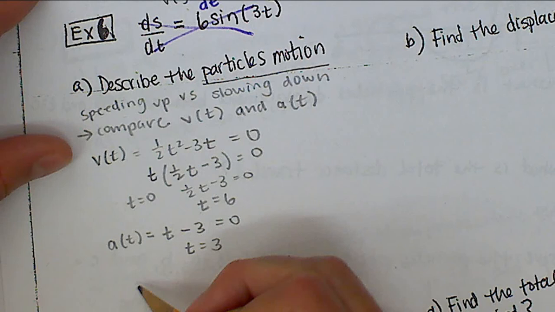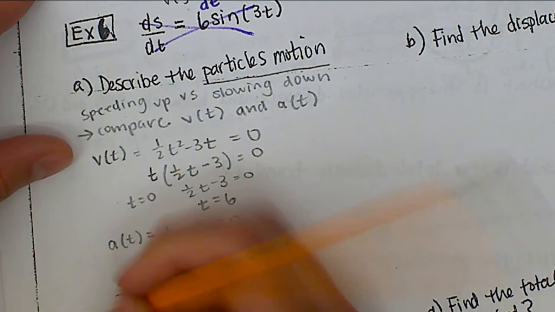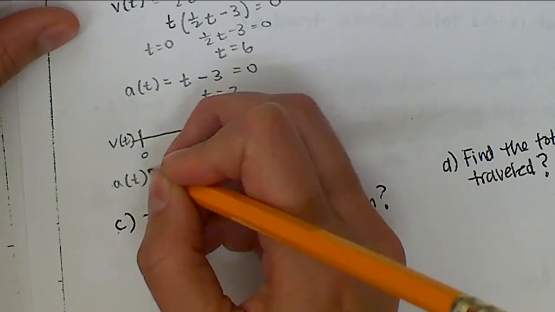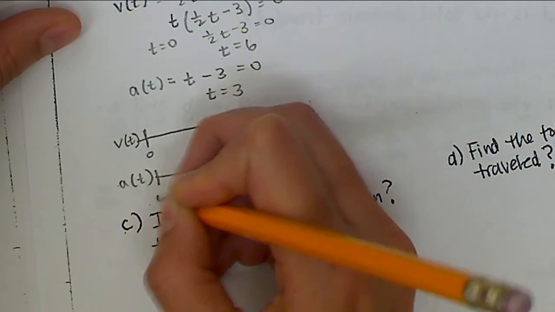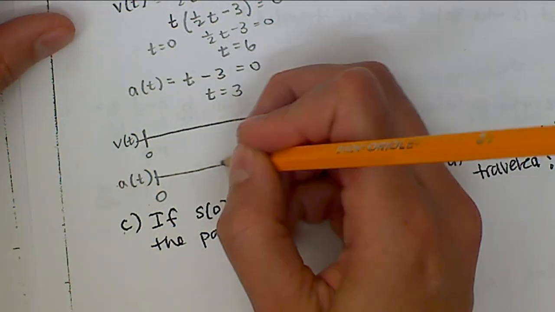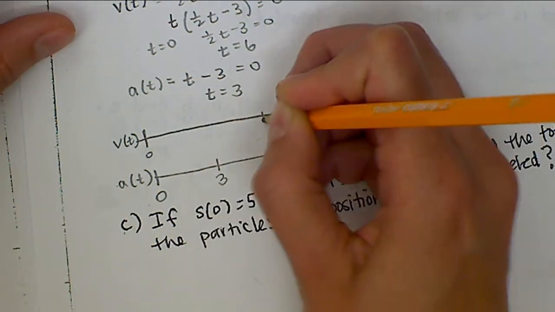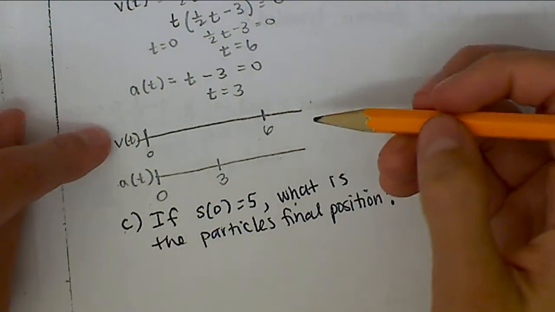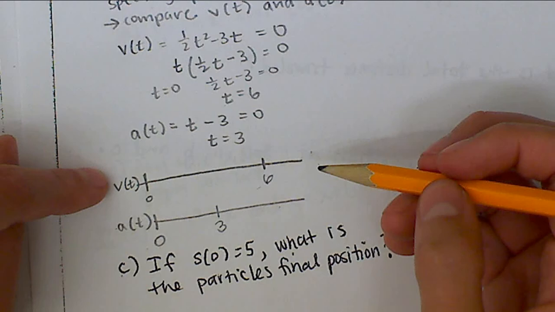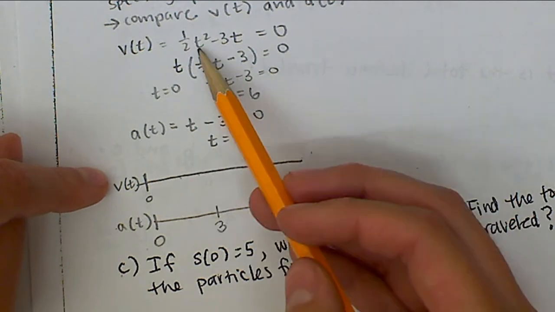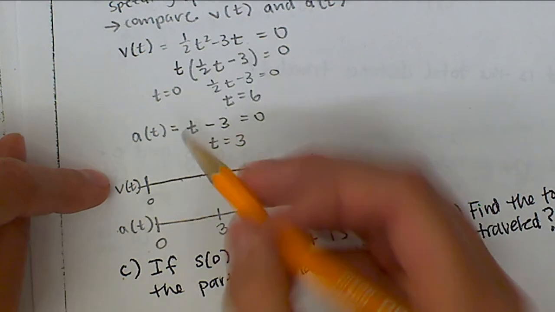Let's make little charts. So here's a chart for v of t, and they both start at 0, and then here's a of t. This will also start at 0. And then I just have 3 down here and 6 over here. So in v of t, if I plug in 2, I would get 2 minus 6, that's a negative number.